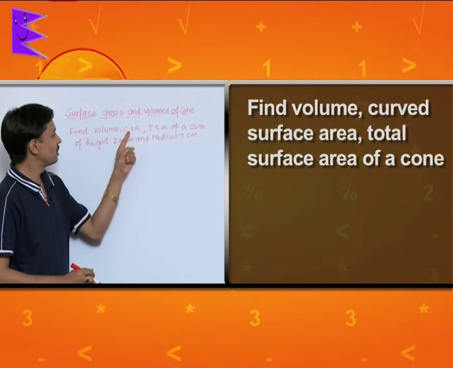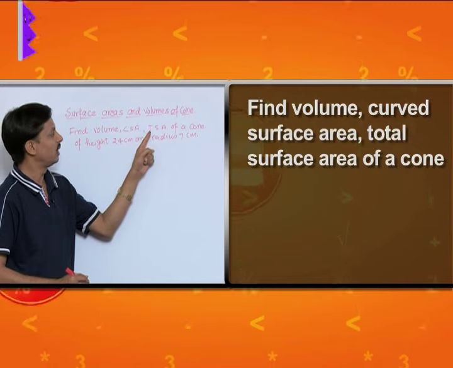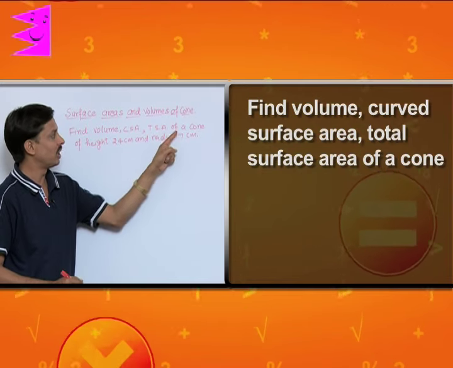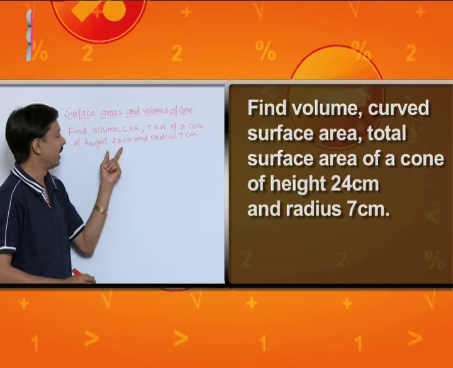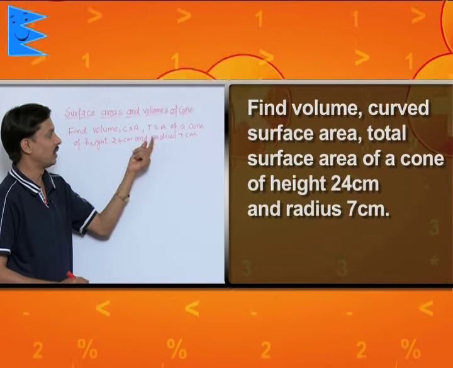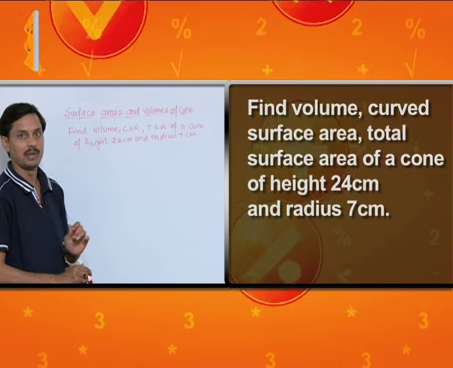Find volume, CSA, curved surface area, TSA, total surface area of a cone of height 24 centimeter and radius 7 centimeter.